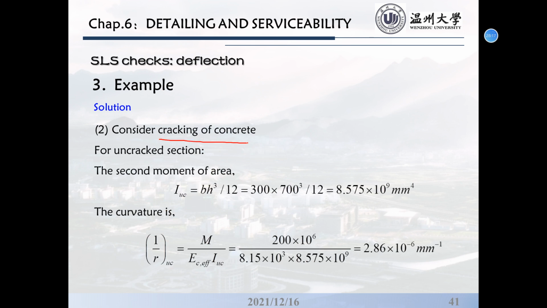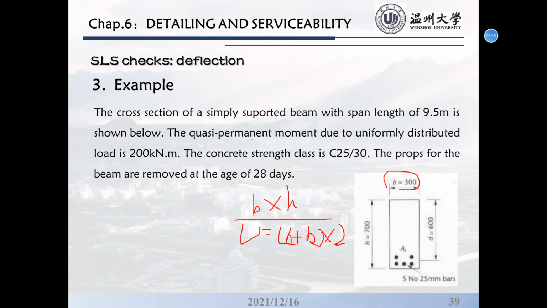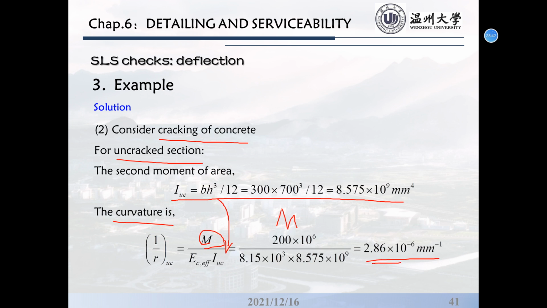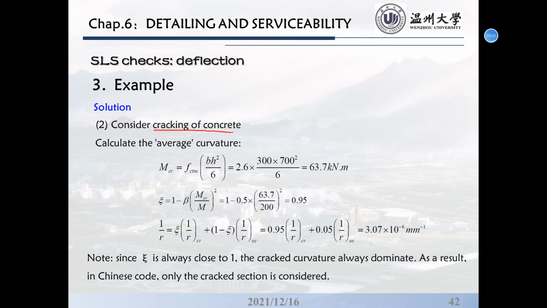And to consider the cracking, look at here for uncracked sections, right? Use this one easily. So the curvatures, we substitute the values here. Look at here, the M should be the quasi-permanent moment. Get this one. This is easy because uncracked belongs to the elastic theory. And for cracked concrete here, look at here.